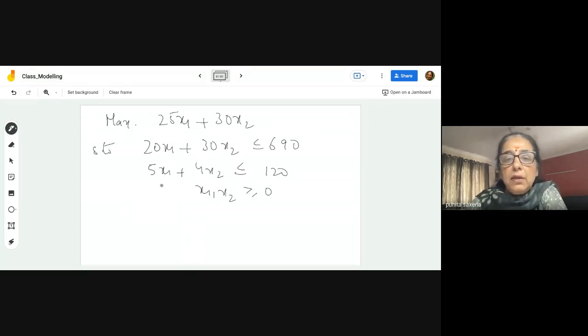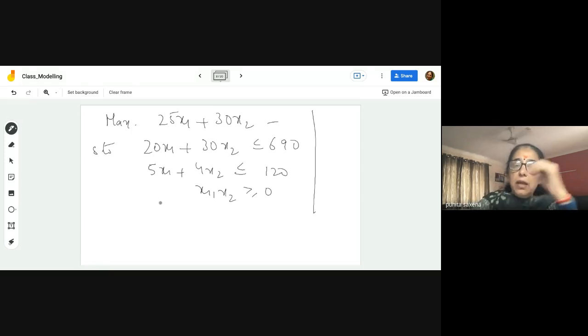Okay, now of course if we were to solve it graphically, things would have been much simpler because you just plot two straight lines, you identify the feasible region, you have the extreme points, and you can solve it. Okay, but now I'm trying to solve this algebraically.